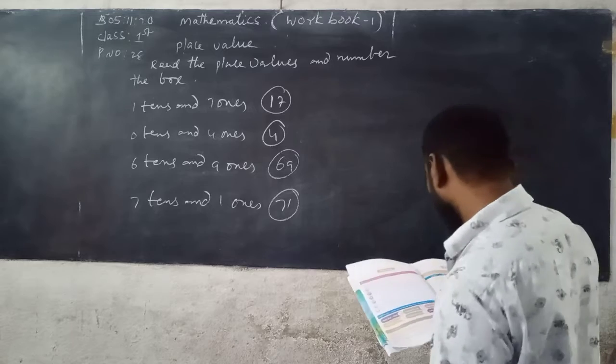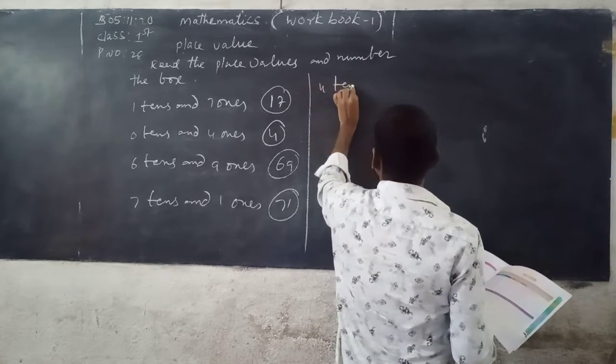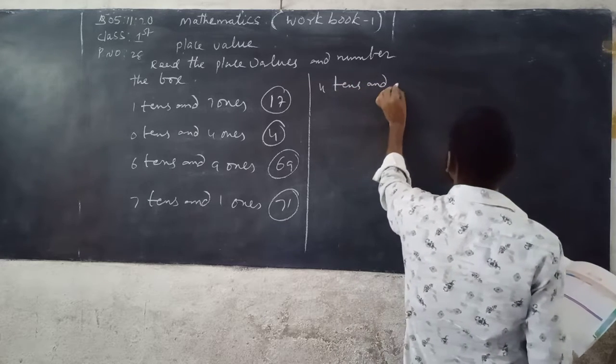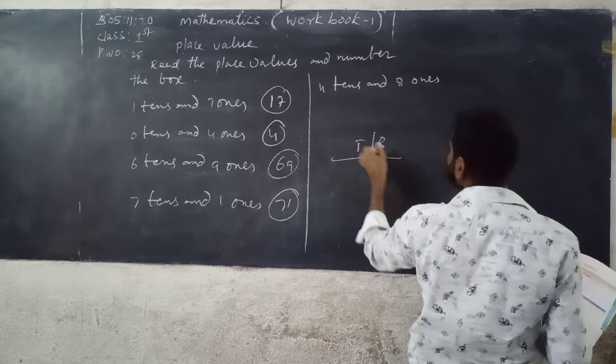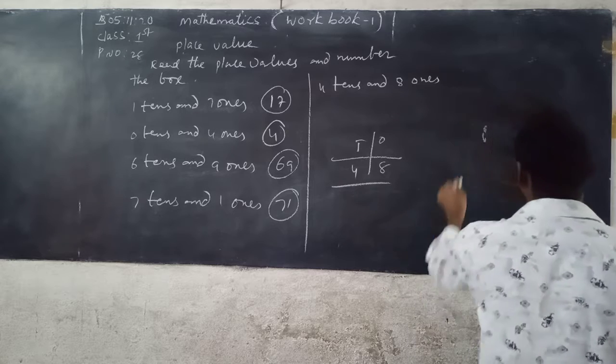Now next, 4 tens and 8 ones. So ones place, tens place, 4 is in tens place, 8 is in ones place. That is 48.